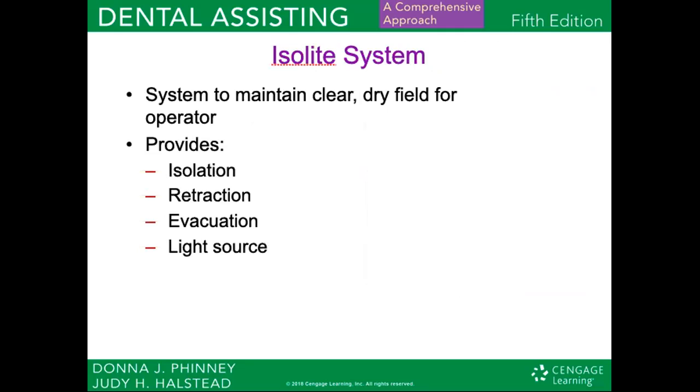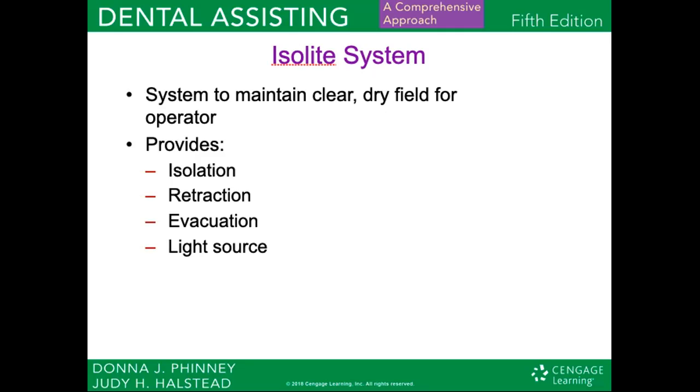So I want to talk about the isolite system now. This is kind of a neat gadget that's used to maintain, clear, and dry the field for the operator. So it provides isolation because it can retract tissues out of the way. It's connected to the evacuator, so it provides evacuation as well as a light source.